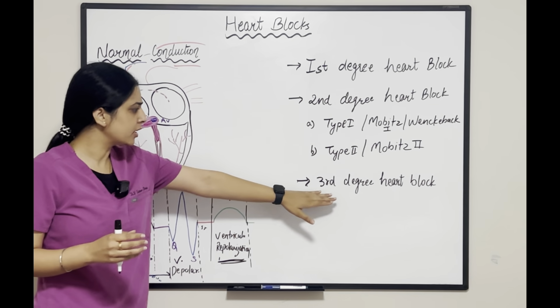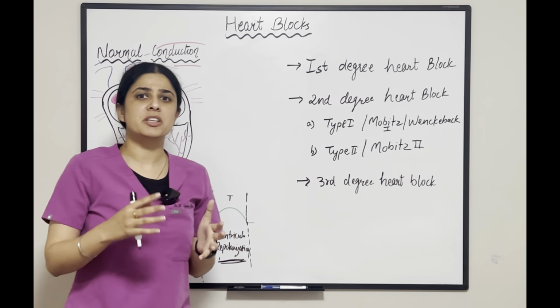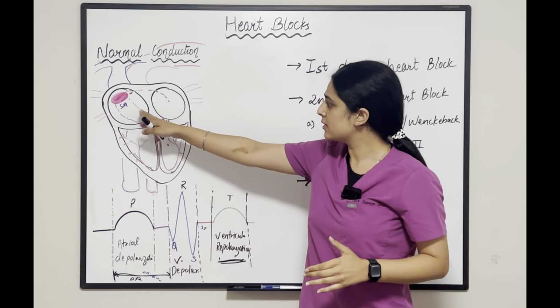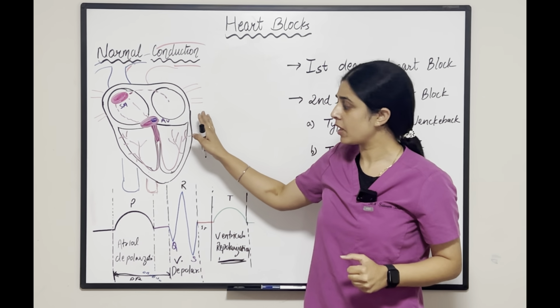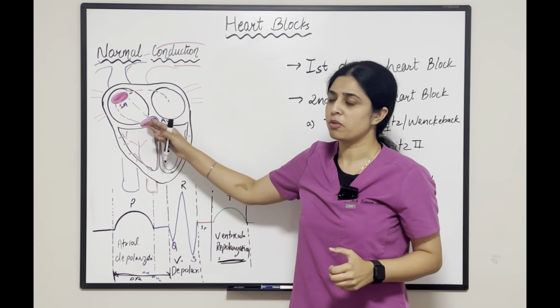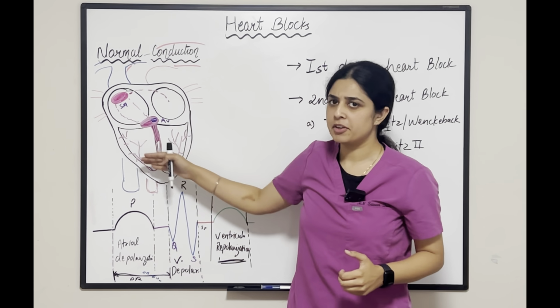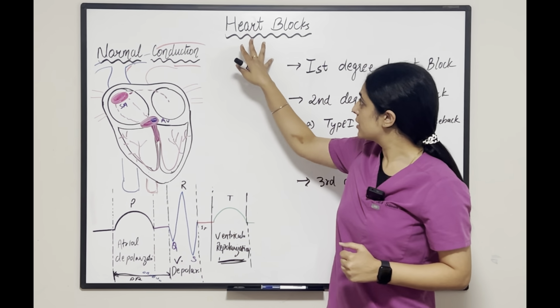Sometimes it causes a partial block, with a delay in movement of the electrical signal from the SA node to the ventricles, but sometimes there is a complete block. The impulses generated at the SA node cannot move to the ventricles because there is a complete block at the AV node.